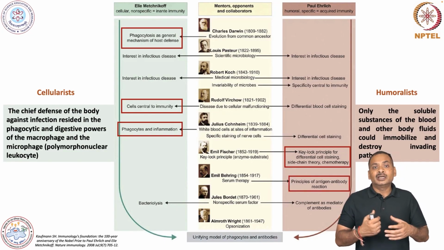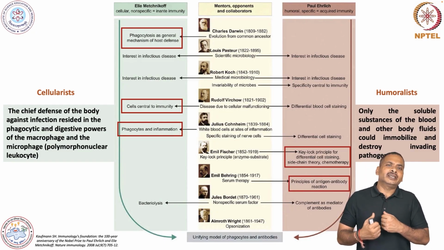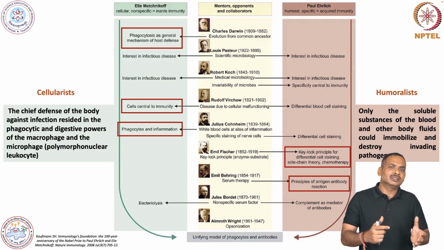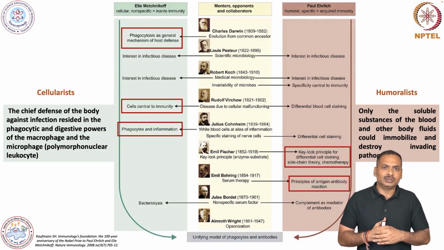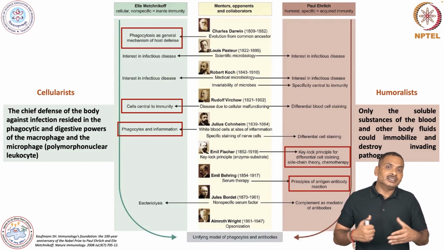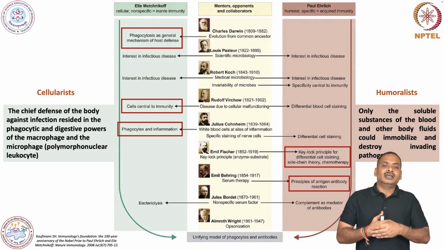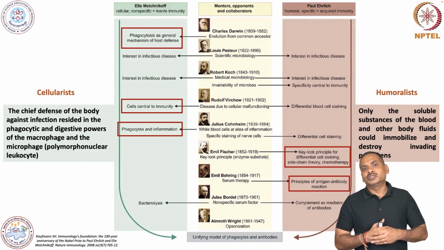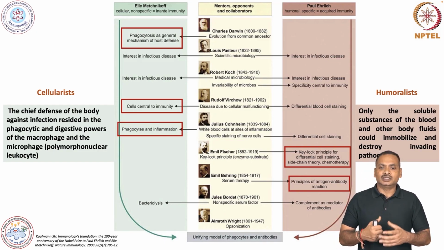Another is Emil Behring. He gave the concept of antigen. Antigen is any substance which is foreign to the host. Okay, antigen, and he gave the principle of the antigen-antibody interaction or reaction, and he was also a very strong supporter of this theory.